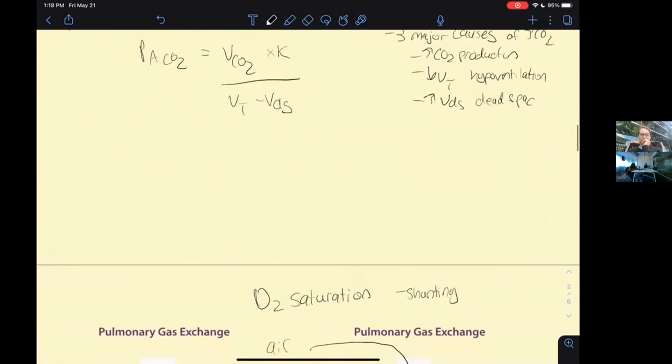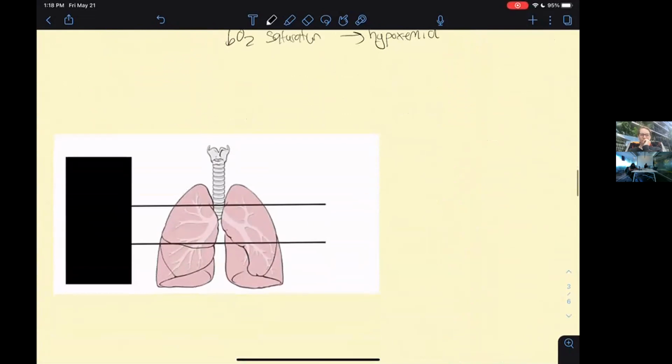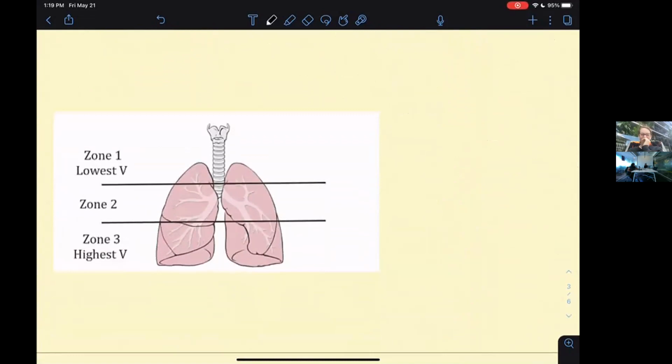And then going into lung ventilation, I'm just going to talk through it. If we think about where airflow is going in the lungs, the highest ventilation is going to be in zone 3, right?